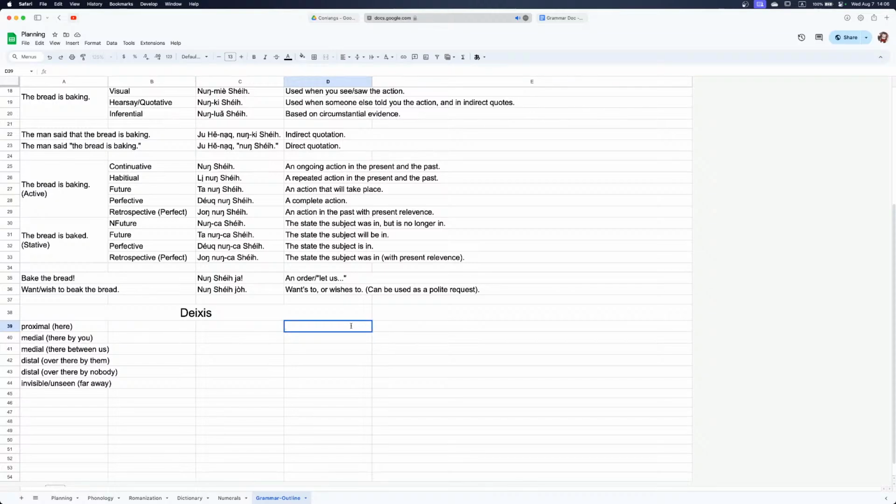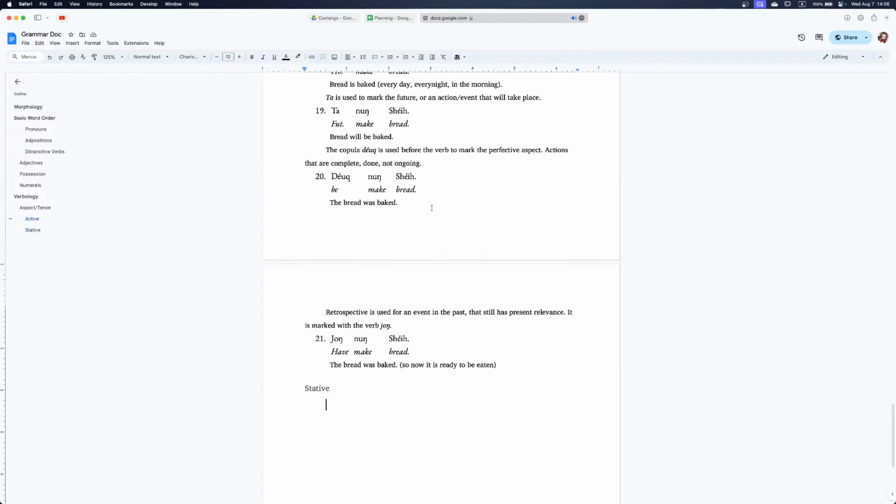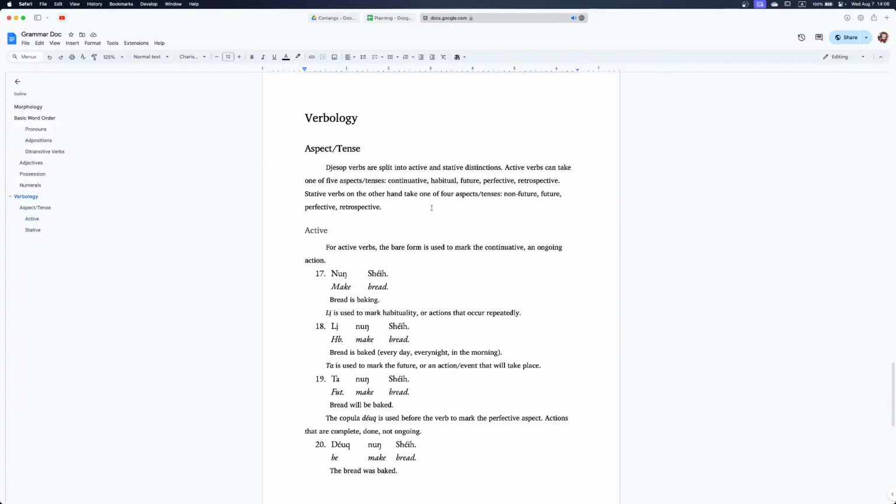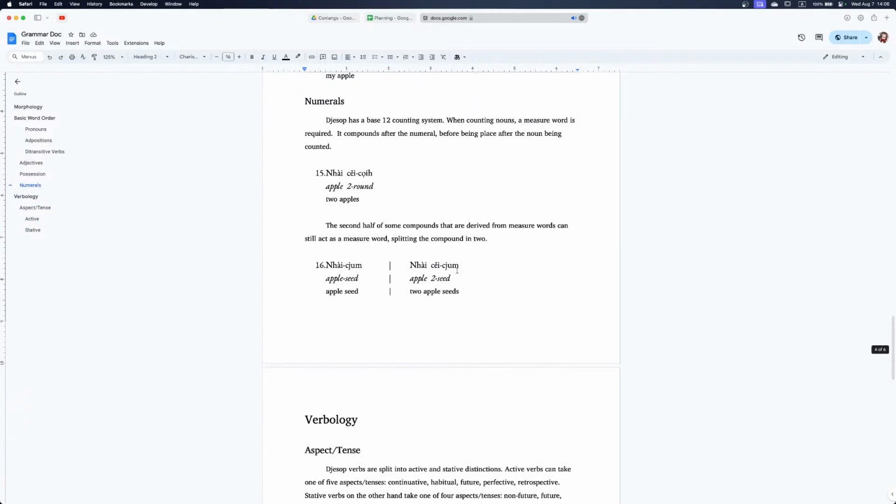We could have it just simple: D will be for determiner, determiner plus noun, or noun plus determiner. We could even do determiner and then add a measure word in there, which I'm pretty sure comes after the numeral and all that comes after the noun, yeah.